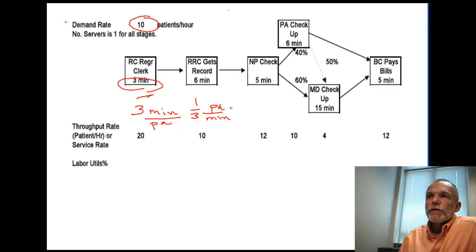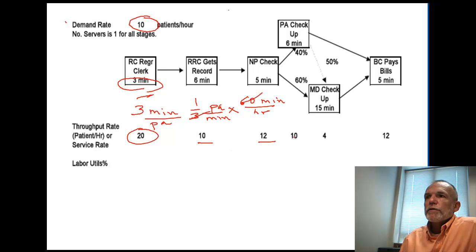If you're going to convert this to patients per hour, we just think about 60 minutes in an hour, and the minutes cancel out. That's what gets us to 20 patients per hour as the rate at this step. In a similar way we get 10 patients per hour, 12 patients per hour.